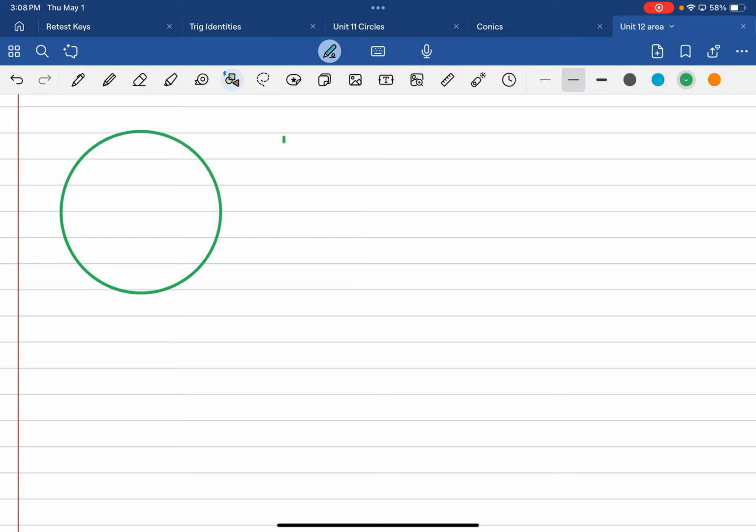Now, area of a circle is pi r squared. Let's say that the radius of this circle right here is 10. When you're finding the area of these circles, I do not want you to get this long decimal. For the problems we're doing specifically, when it comes to geometric probability, we need to keep it simple.